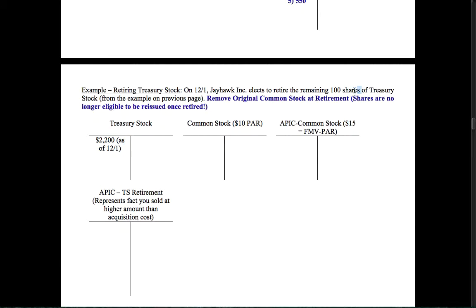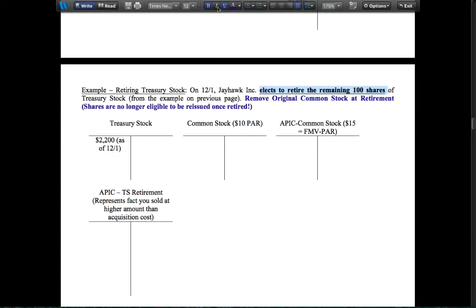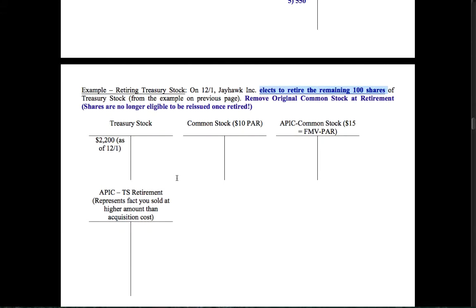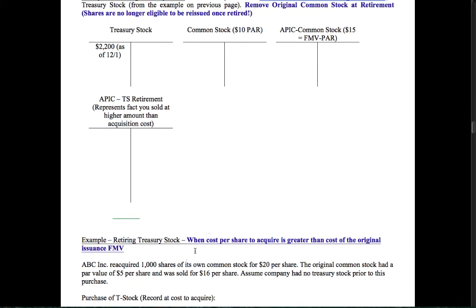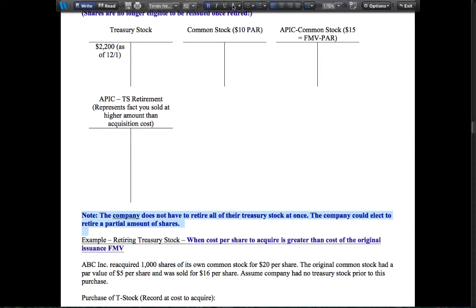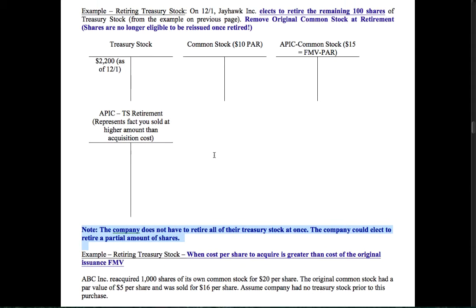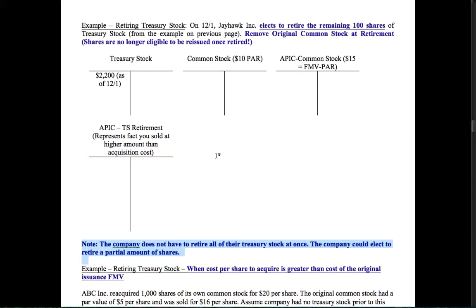In this example, we are retiring all of the remaining treasury stock shares. I will make note that you do not have to retire the entire treasury stock share amount. You could have an example where the company elected to retire 50 of the remaining 100 shares.